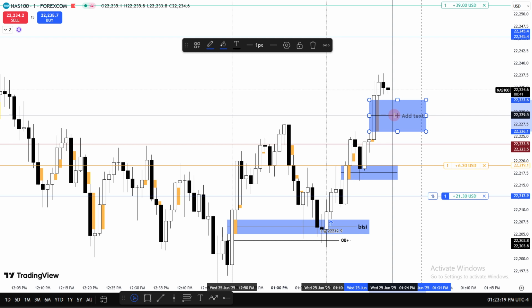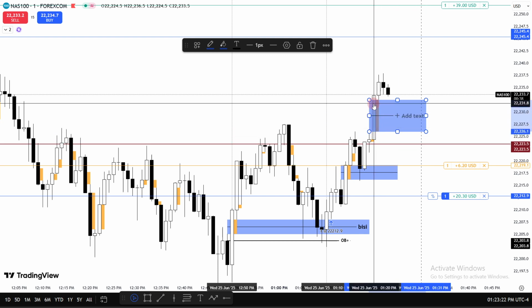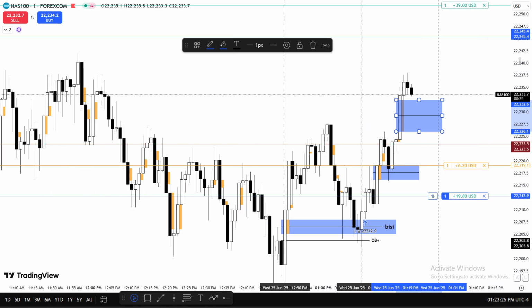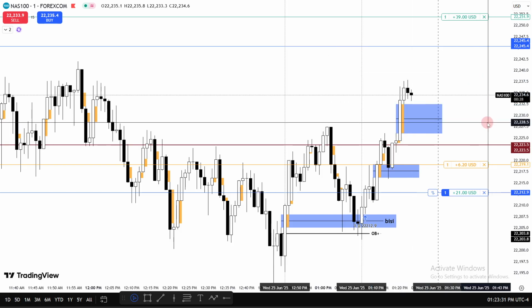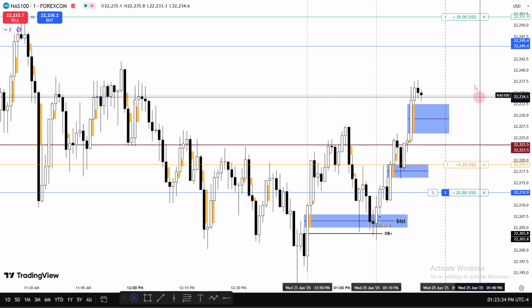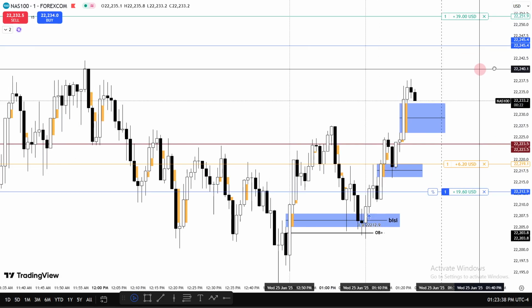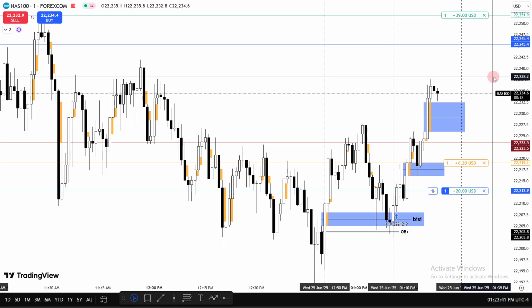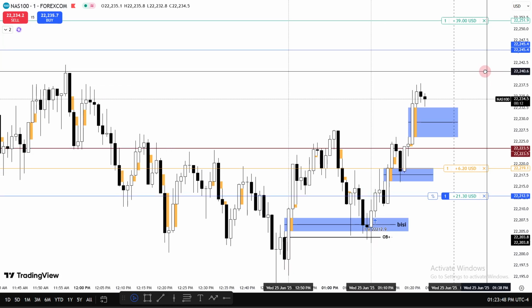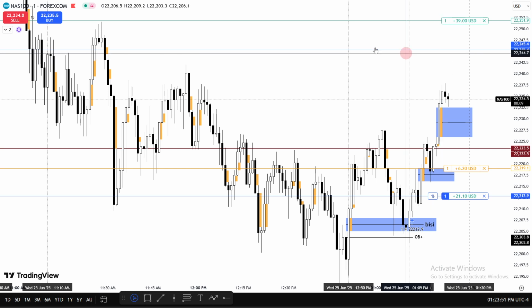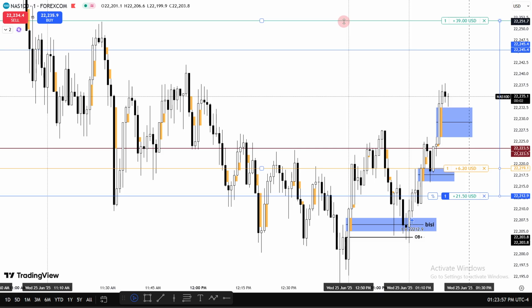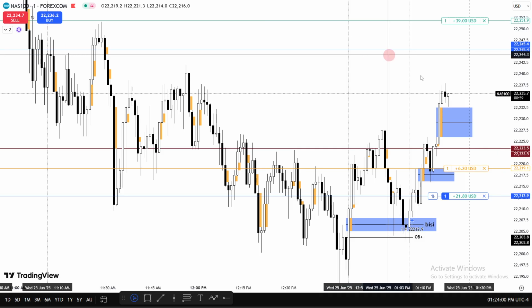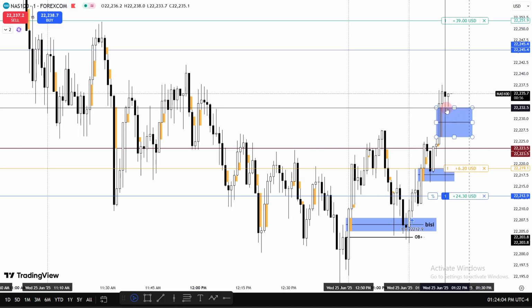Yes, it should respect the midpoint of that gap. Look at that, it didn't even touch the high of that gap.